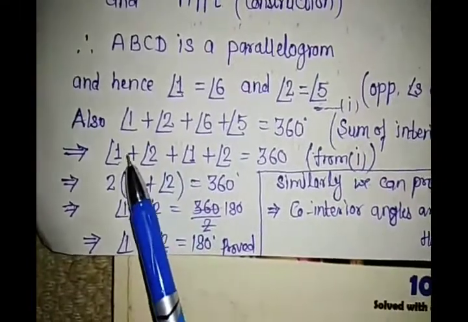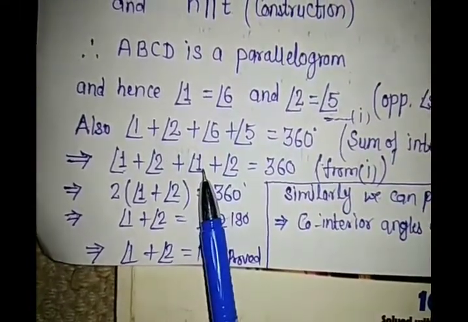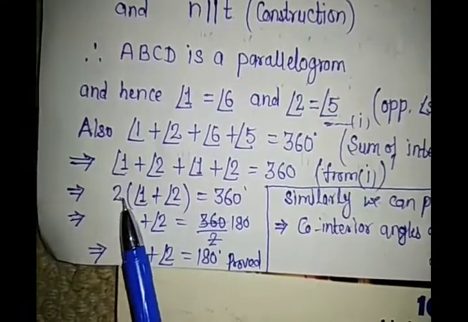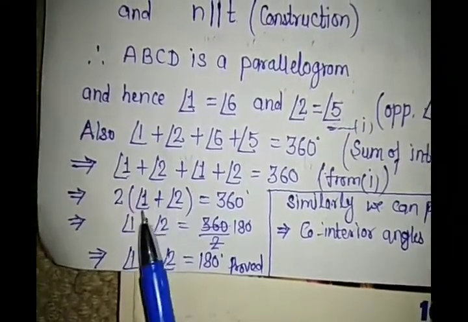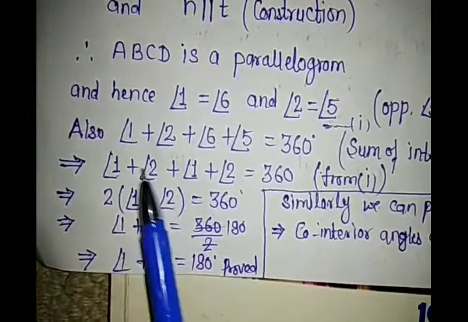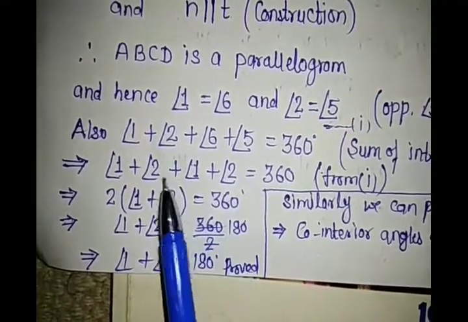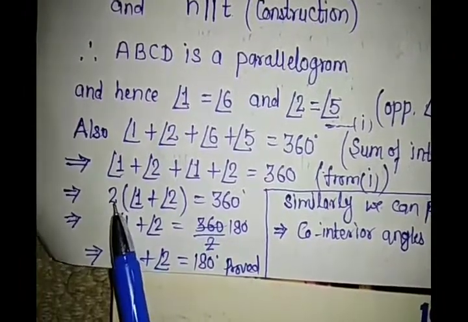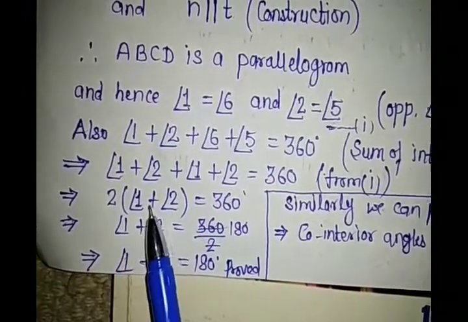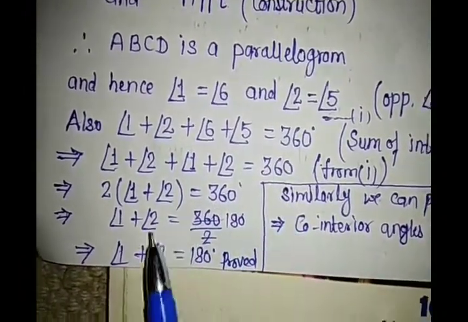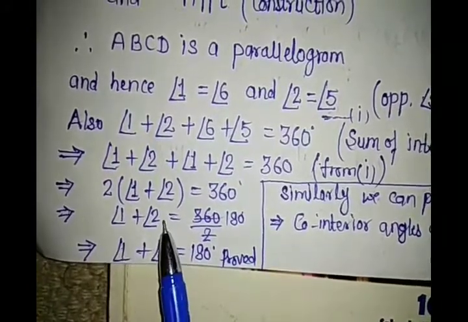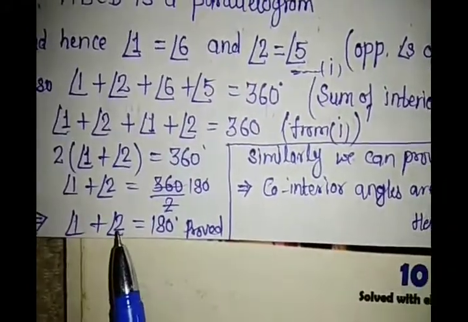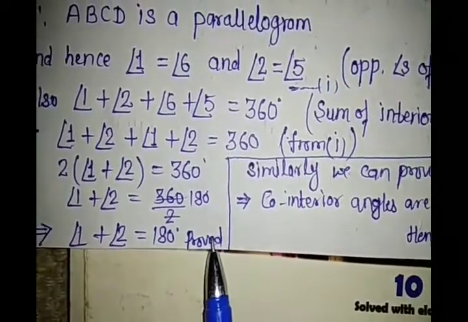Now angle 1 comes here 2 times, similarly angle 2 also comes 2 times, meaning 2 into angle 1 plus 2 into angle 2 is equal to 360, which gives us angle 1 plus angle 2 is equal to 180.